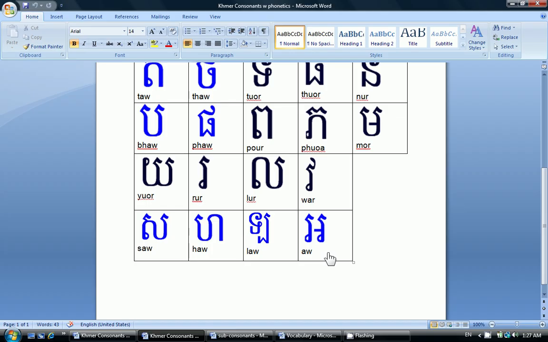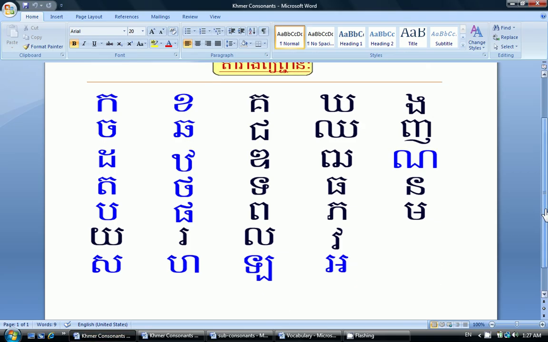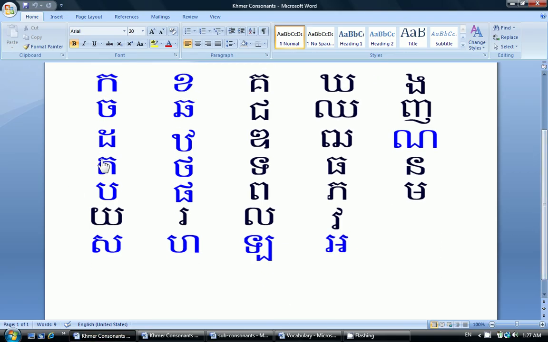Now let's say all the 33 consonants together. Here's the same chart. Ga, ka, go, ko, ngo. Ja, cha, jo, cho, nyo.